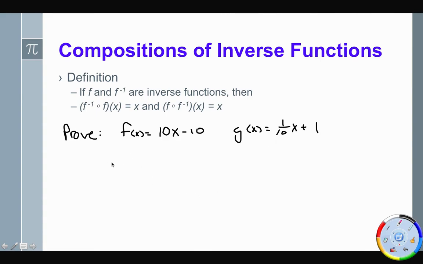And in order to prove if two functions are inverses, I just do the compositions. So I do f of g of x, and I do g of f of x.